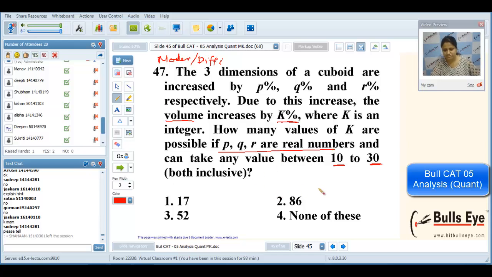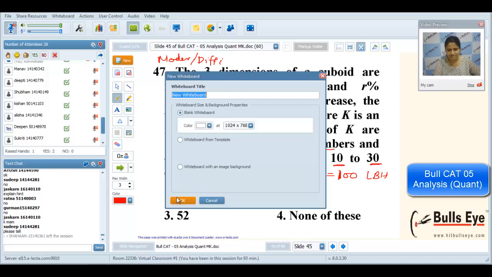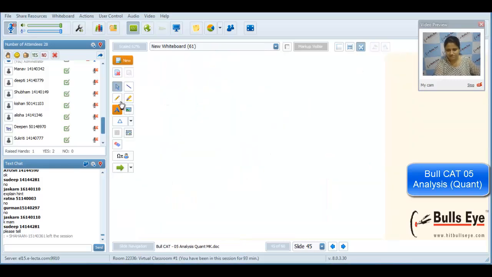This is my question. If I take my original volume to be 1000 or 100 or 10 or 1, let me use another page. See, I am taking my initial volume to be 10 into 10 into 10, I mean lbh. What can be the minimum change?